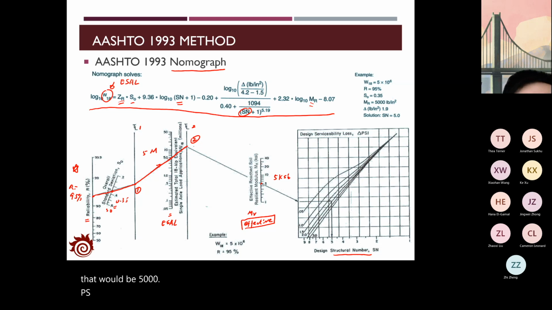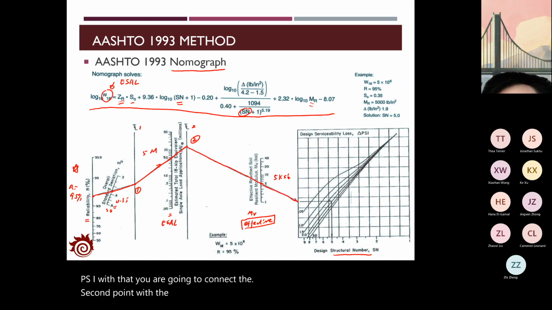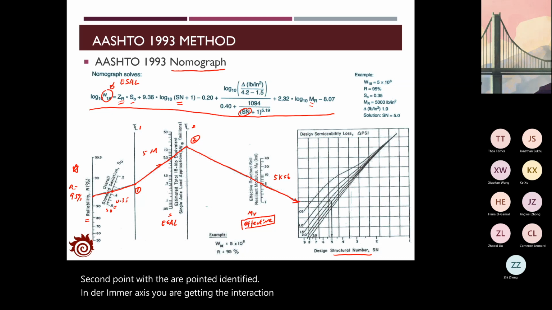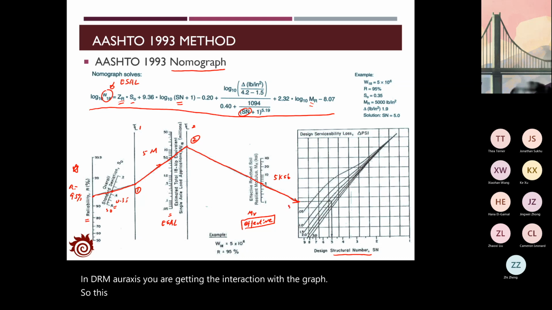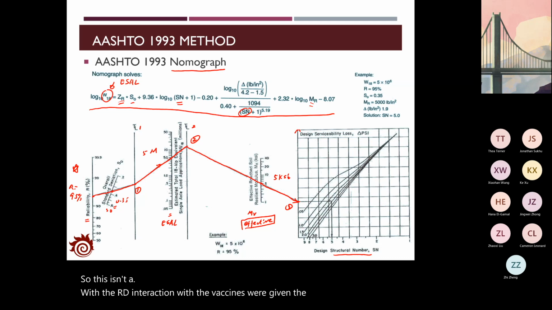With that, you connect the second point with the point you identified in the MR axis. You will get an intersection with the graph, and the intersection with the y-axis will give you the third point, and this is the point you have to use.